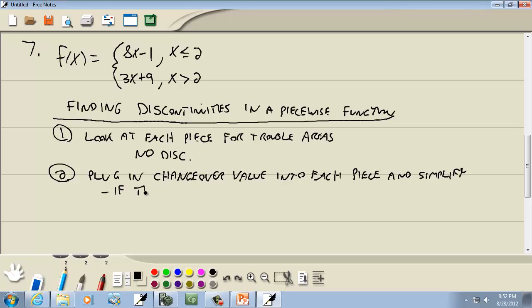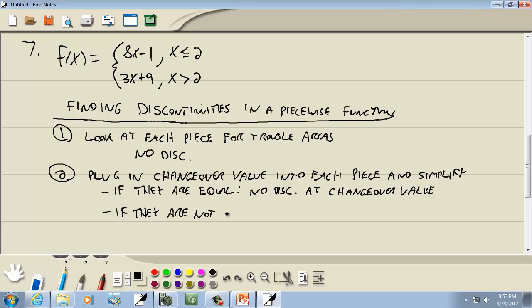If they are equal, there's no discontinuities at the changeover value. If they are not equal, then it is discontinuous at that changeover value.